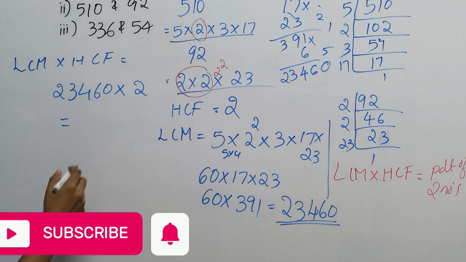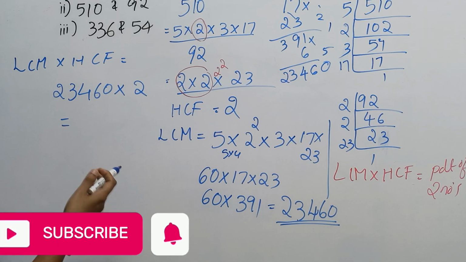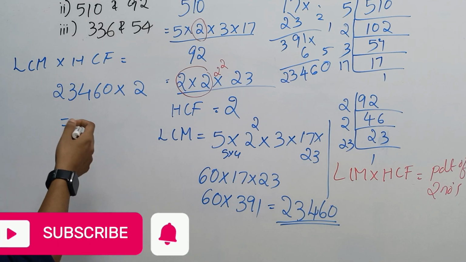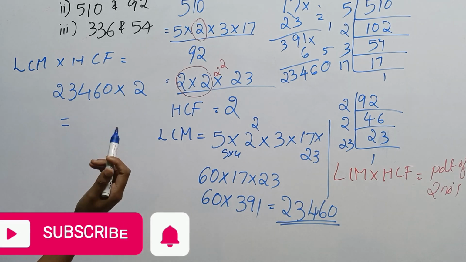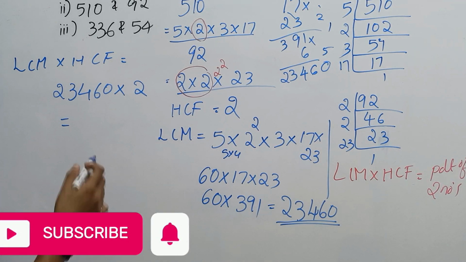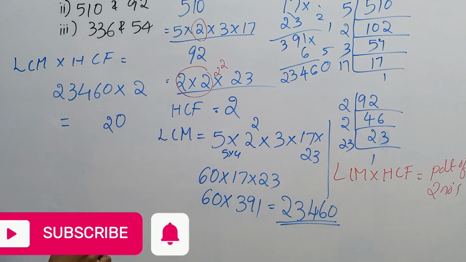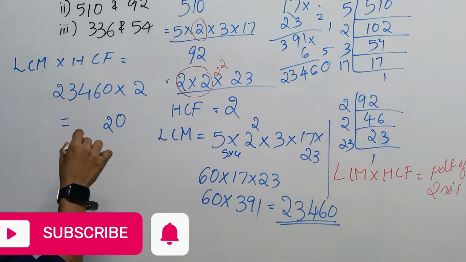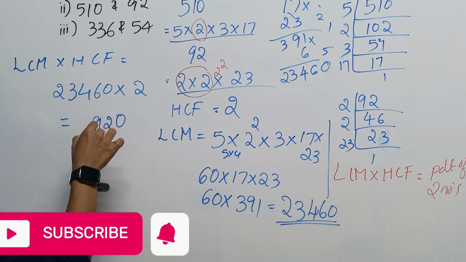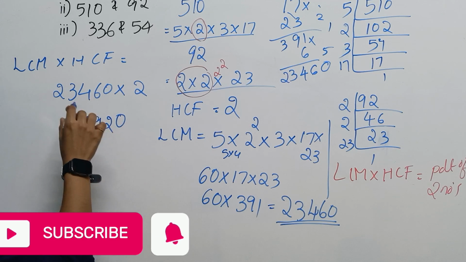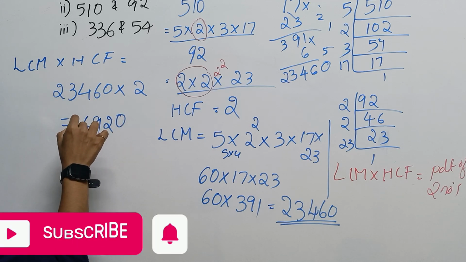Okay, so what will be the answer? We can simply find out the answer. Why? Because 2 times any number can be written very easily. Okay, so 0 is there, 6 times 2, 12, again 1, 4 times 2, 8 plus 1, 9, 3 times 2, 6, 2 times 2, 4.